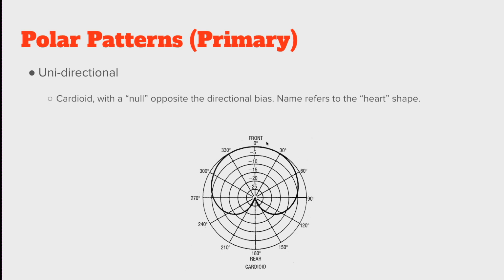In other words, sound coming from this direction is going to respond at a certain signal level, but sound coming from this direction, in theory, the microphone would not respond to at all. And again, any other angle, we're going to get an attenuated output compared to the on-axis response.